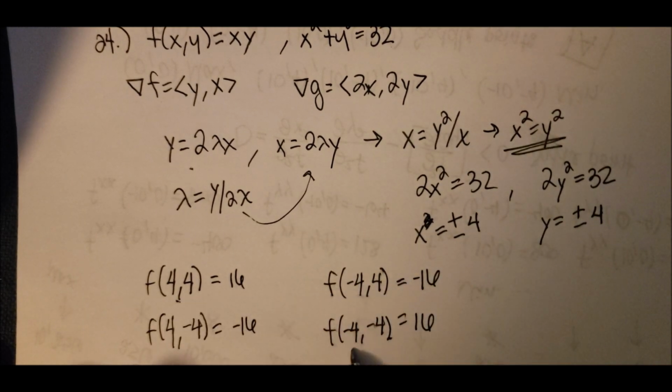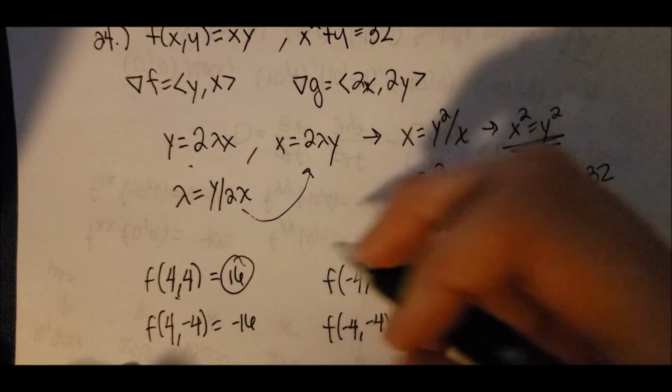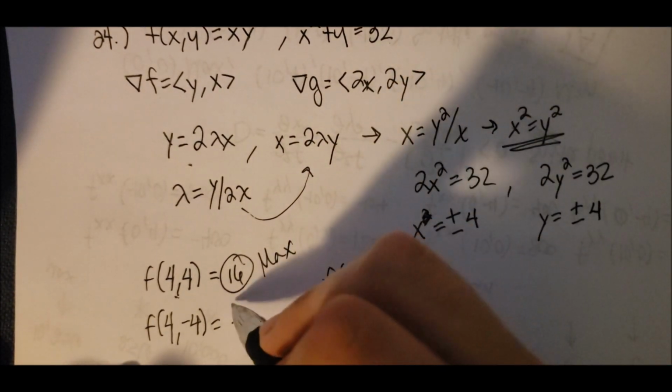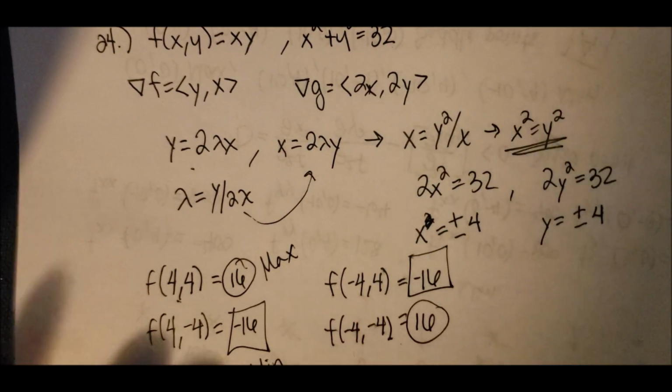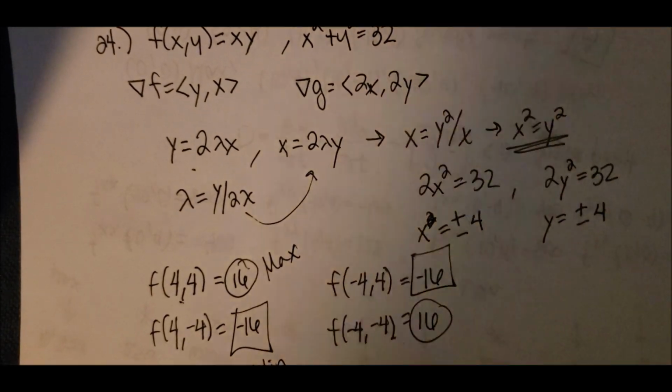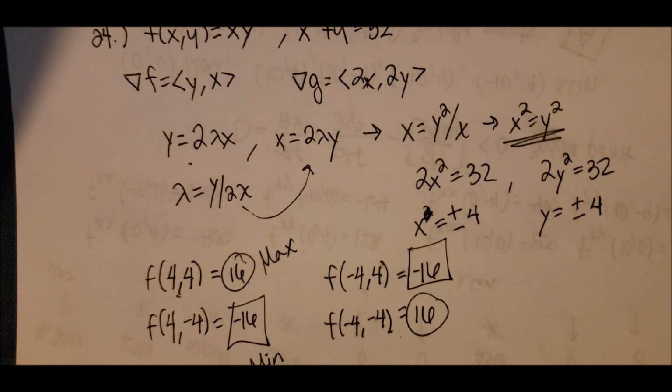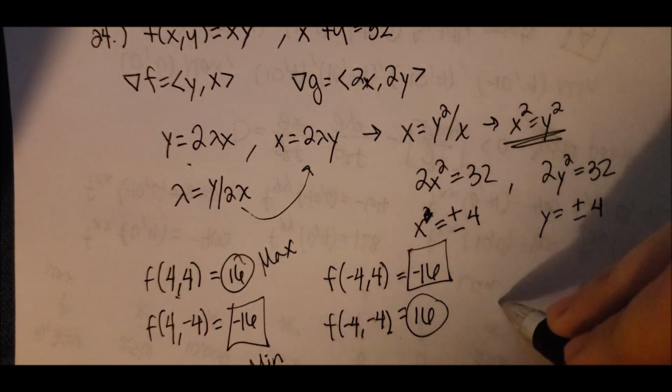So 4, 4, and negative 4, negative 4 are max. And negative 16 and negative 16 are minimums. And that is C.